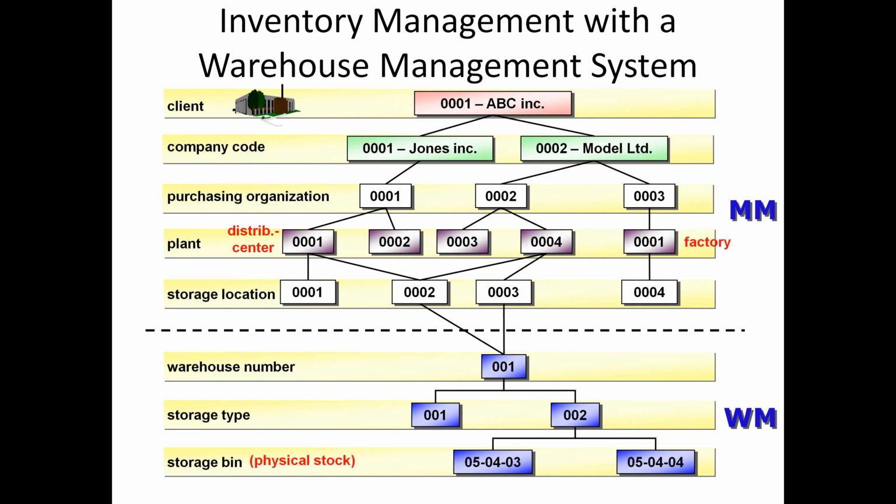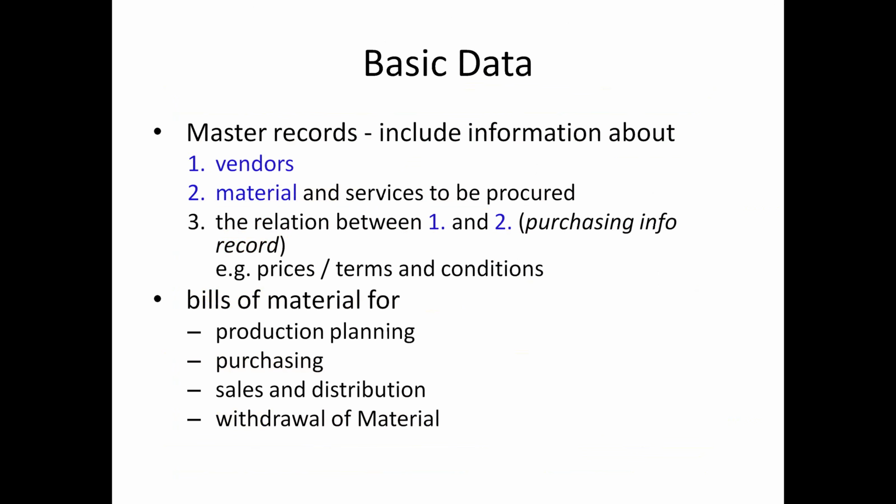So if you want to track your material down to the barcode level, the place where the material is located in a particular aisle, whether it is on the upper level, on the top, or in the bottom, then you have to go for warehouse management.